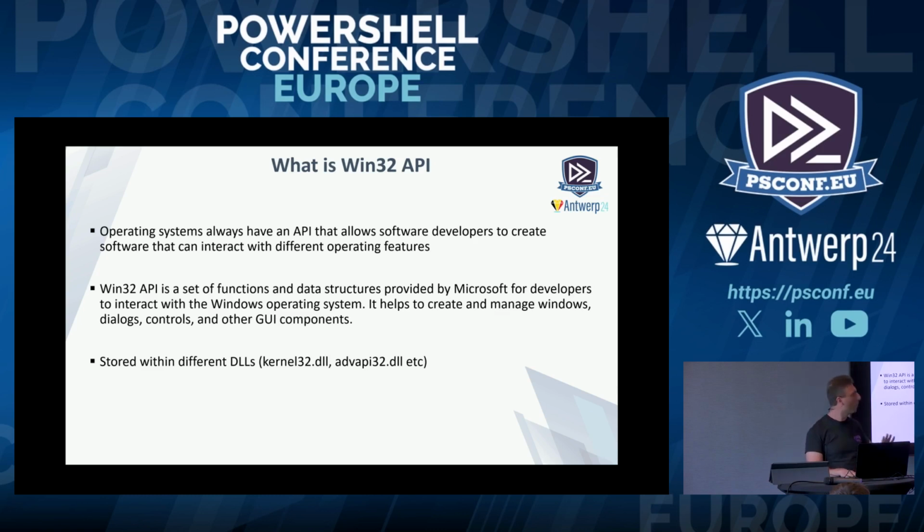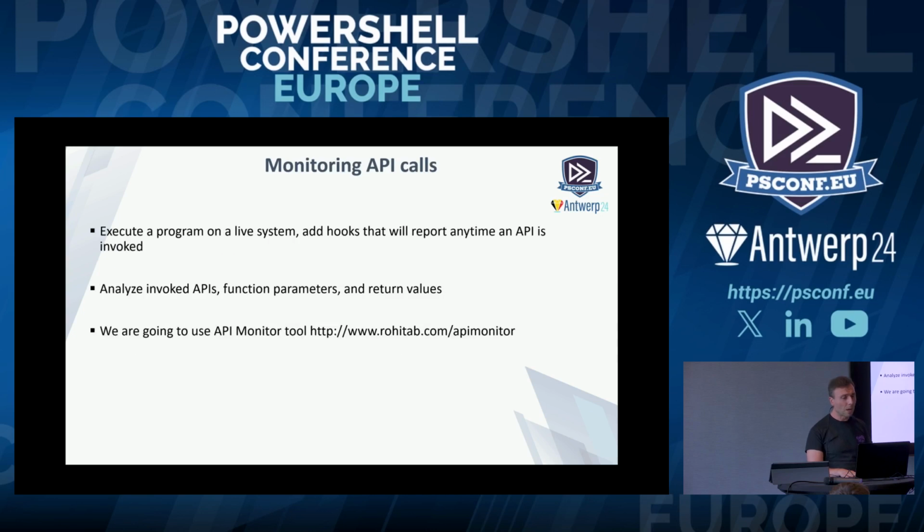We're going to use Win32 API extensively here. What can we do to really understand what PowerShell does? When you run a PowerShell Commandlet, it makes an API call. But how do you know which one? If you want to understand how to develop your commandlets, you need to understand API calls.